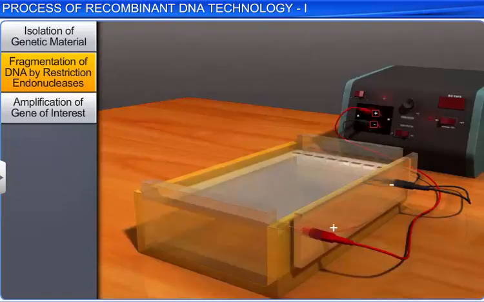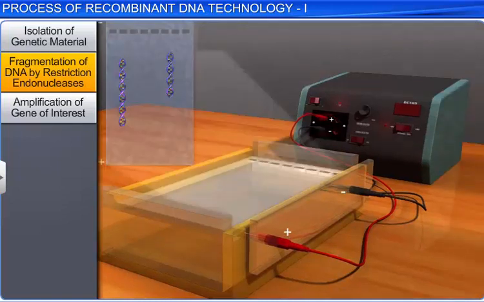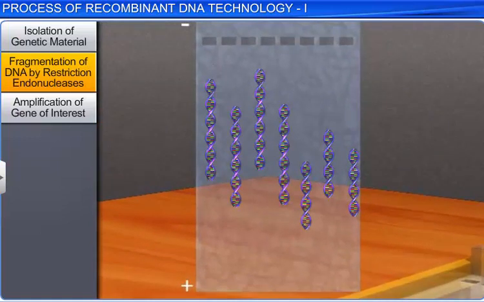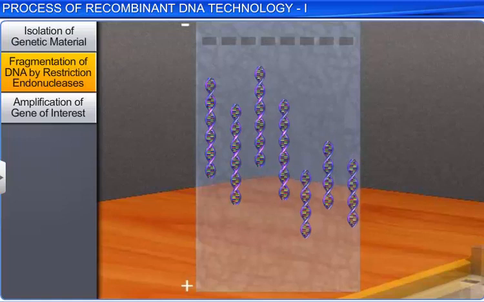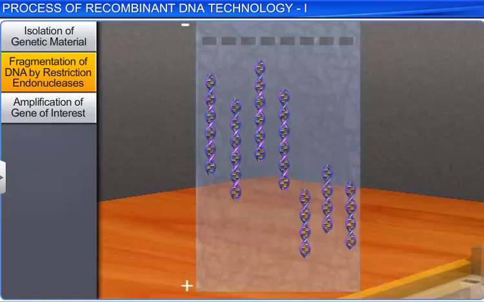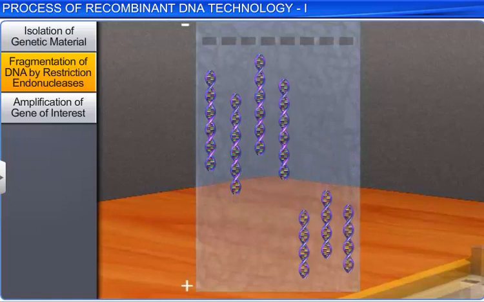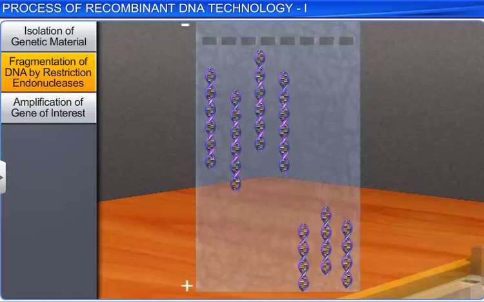Activated electrodes located at either end of the gel chamber produce an electric field. Since DNA is a negatively charged molecule, due to the presence of phosphate groups, it moves towards the positive pole. The separation of fragments occurs according to each fragment's properties, which determine how fast the electric field can move the molecules across the gel.